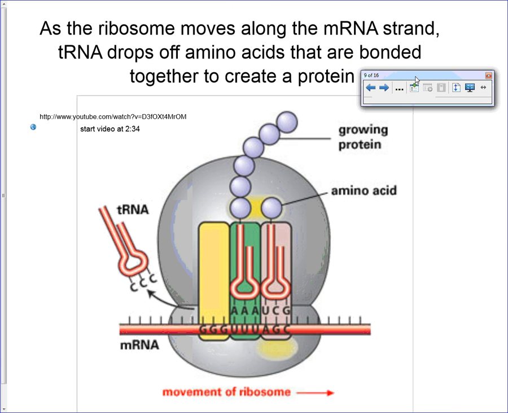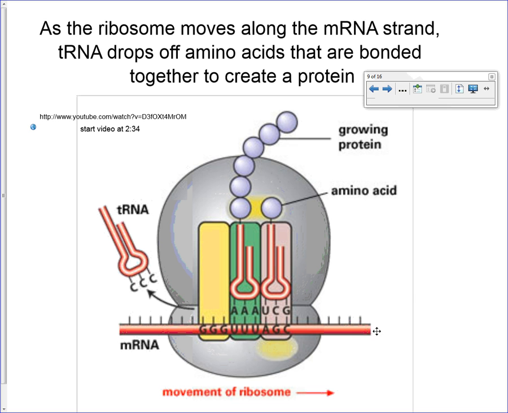So what happens? As the mRNA is fed into the ribosome, it reads a codon. For example, the codon being read right now is UUU. When UUU is read, a molecule of transfer RNA, tRNA, that matches up with UUU, in this case AAA, flies into the ribosome and detaches its amino acid.